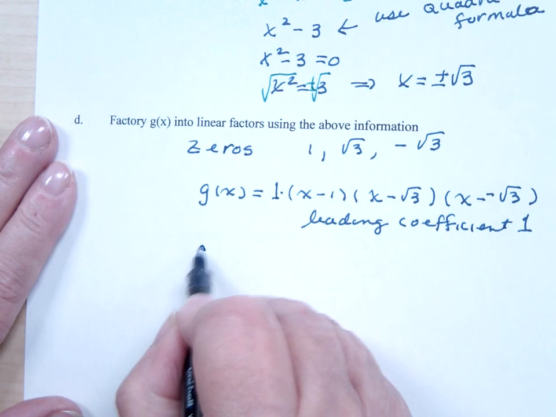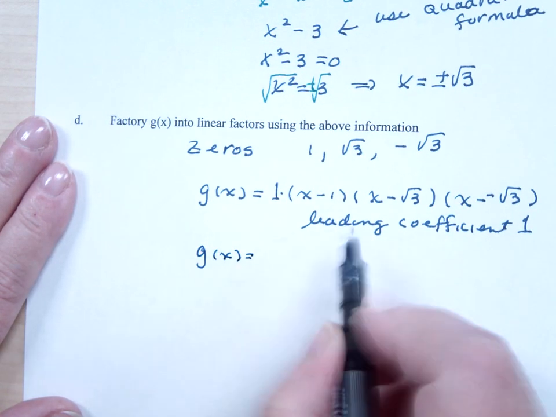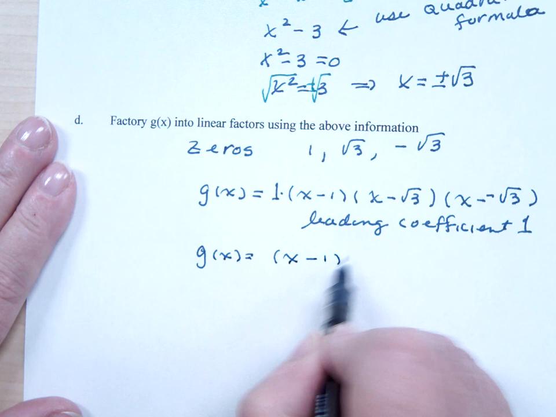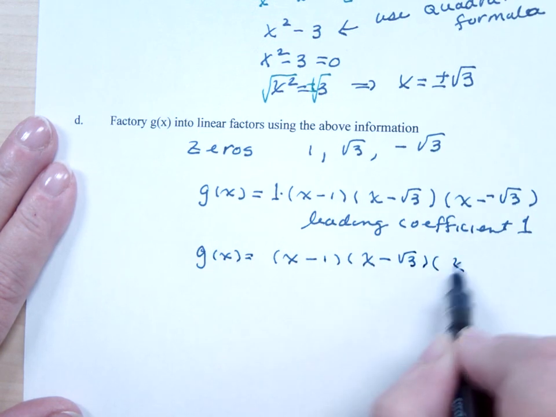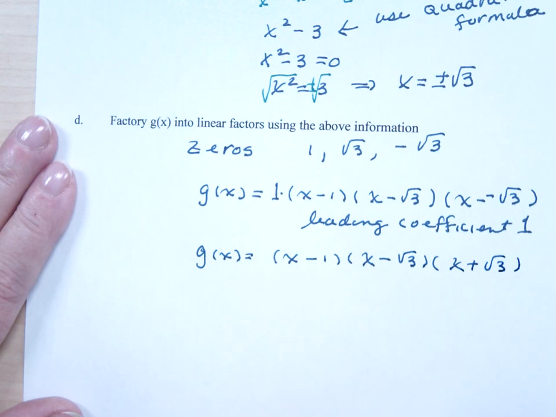So the factorization of g of x is just x minus 1, x minus the square root of 3, x plus the square root of 3.